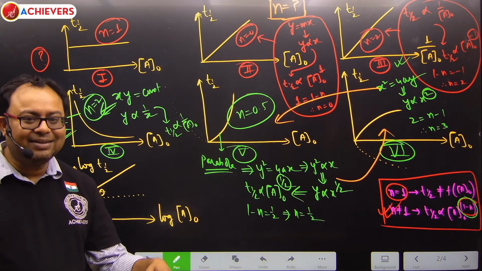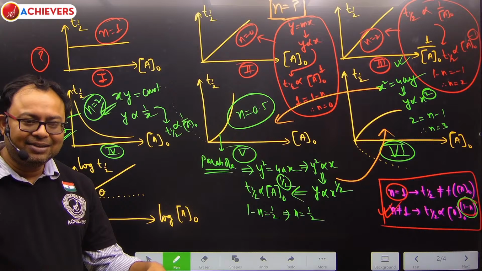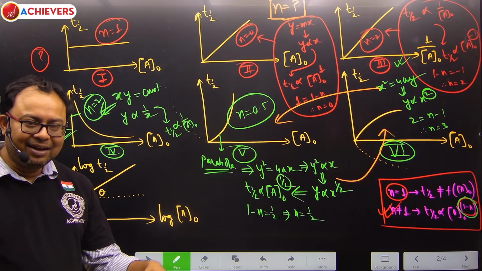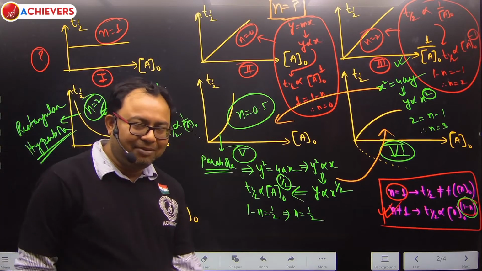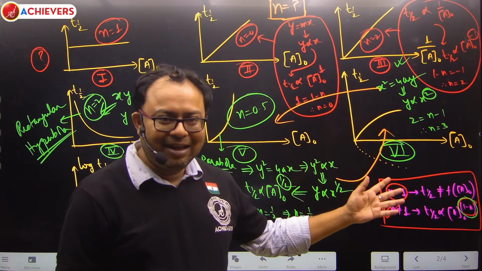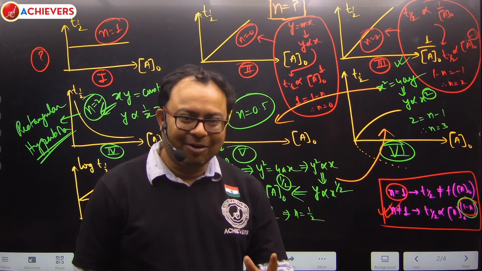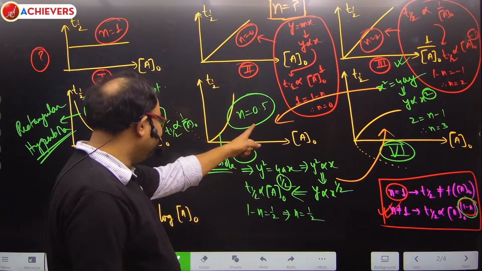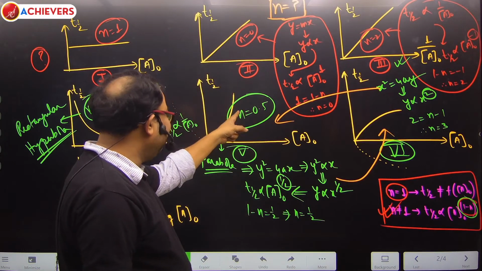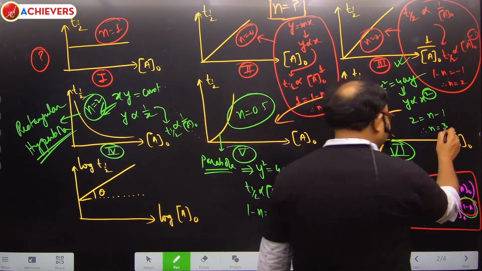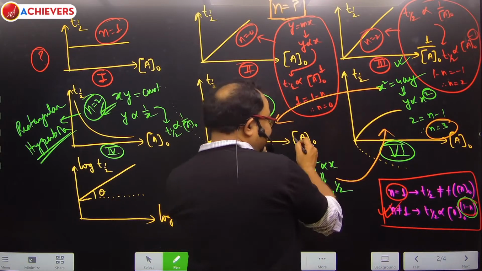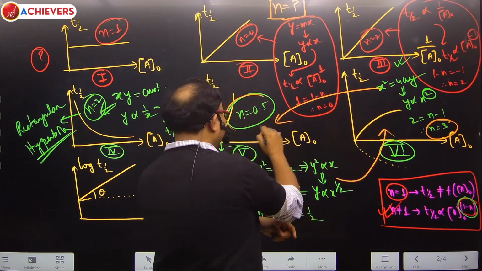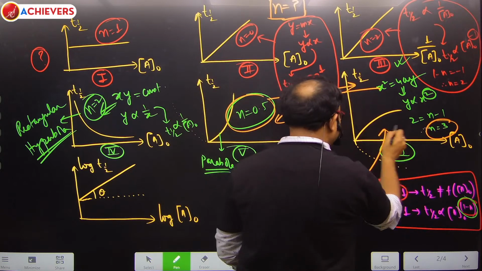That's why I have made a deliberate mistake over here, so that if you face this problem in the exam, you'll remember my video and you'll not commit this mistake. So for this case, n will be 3, and for this case n will be 0.5. So 0.5 for this and 3 for this.